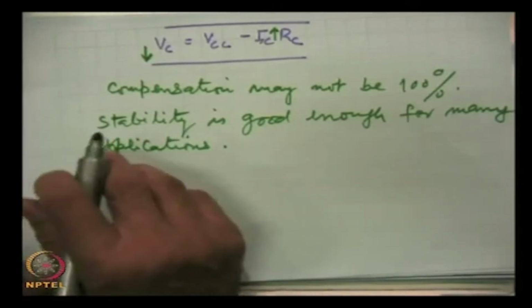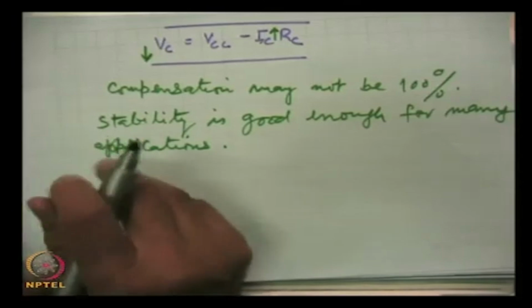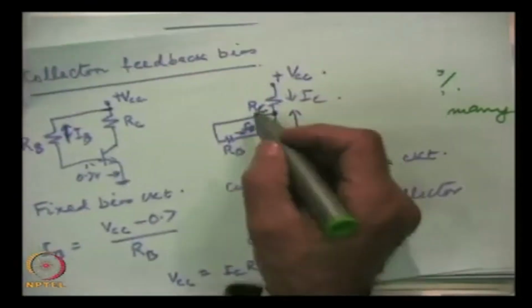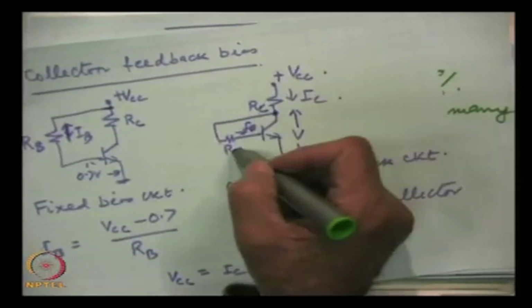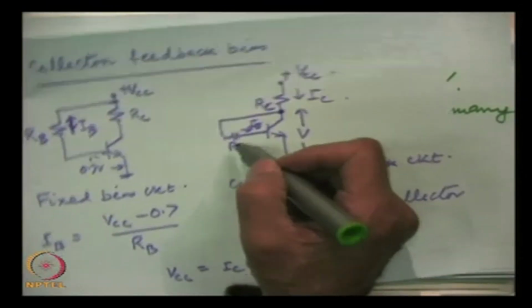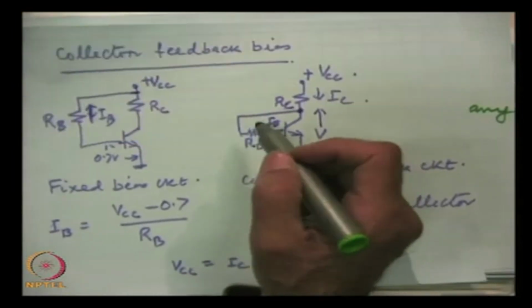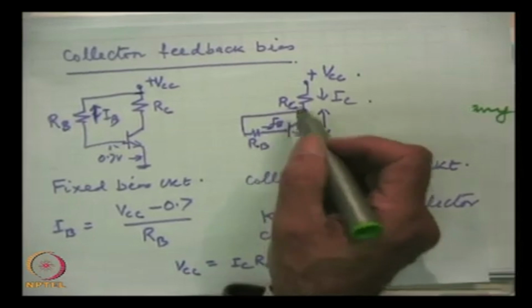And this is a widely used circuit, because very simple to design, makes use of fewer resistances, just 2 resistances, and in the case of the voltage divider circuit there were 4 resistors required.